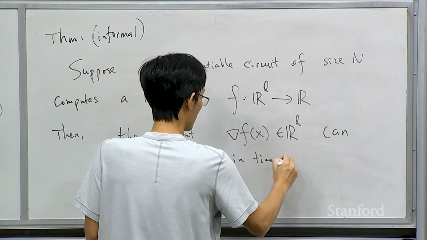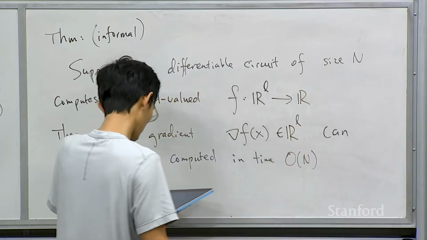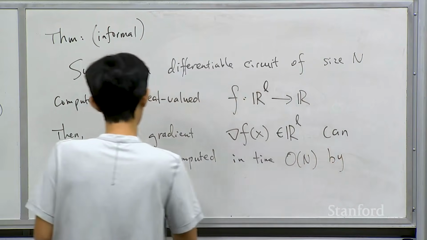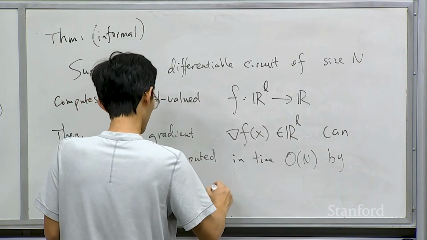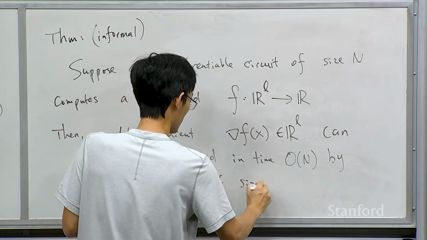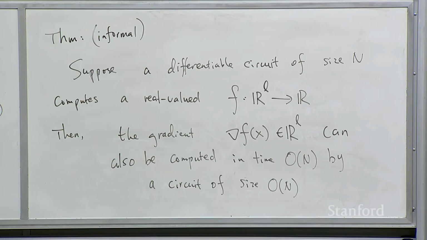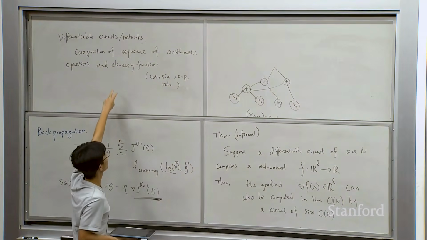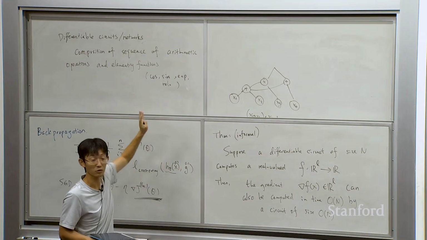in time O of n, by a circuit of size O of n. So you don't have to spend much more time. By the way, when I talk about time and circuits, I'm implicitly assuming that each of these basic operations takes O of one time, one unit of time.